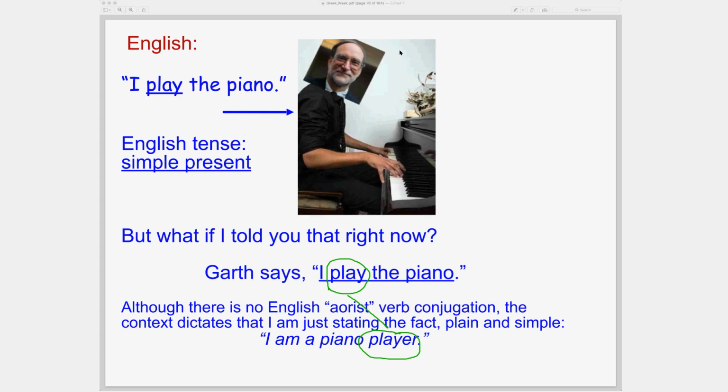I am a piano player is the sense of what I'm trying to convey.